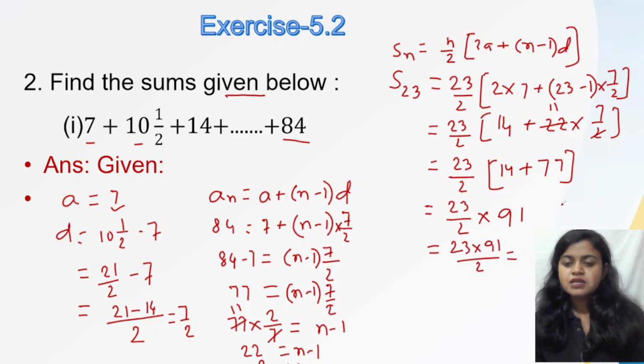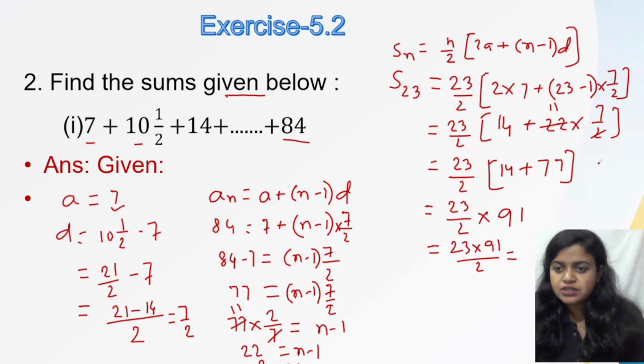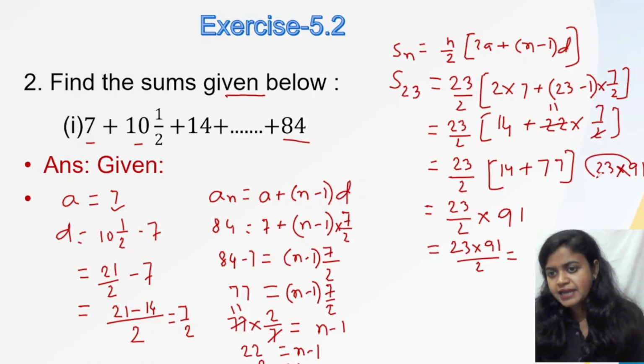Clear? So 23 into 91. How can we multiply that? There is a short trick: you can multiply 9 into 23.